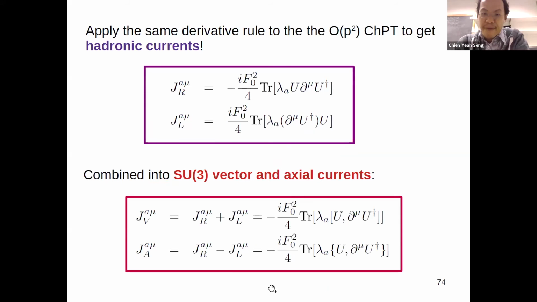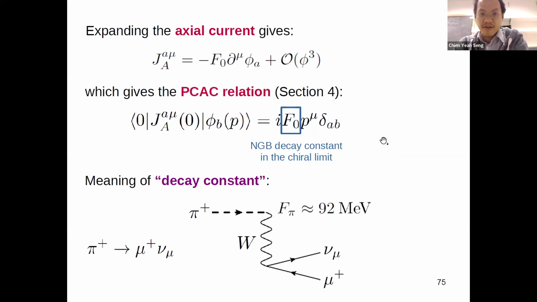If you expand the axial current to the leading powers of the Nambu-Goldstone boson field, then you get this form, which after taking the matrix element with respect to a single Nambu-Goldstone state will give you the same relation which we have introduced with the constant F0. The constant F0 is the constant that we introduced in the exponential of the U. This F0 is called the decay constant of the Nambu-Goldstone boson in the chiral limit.